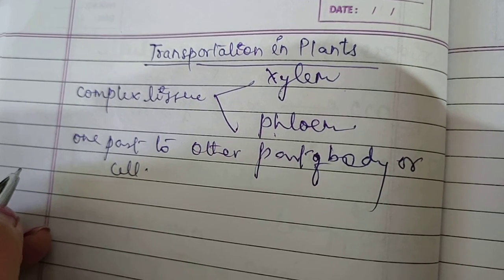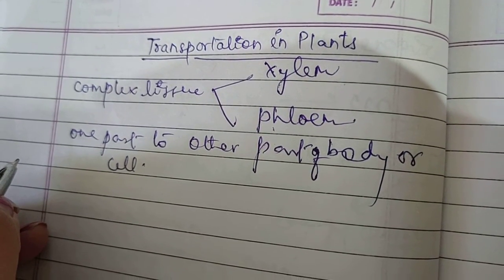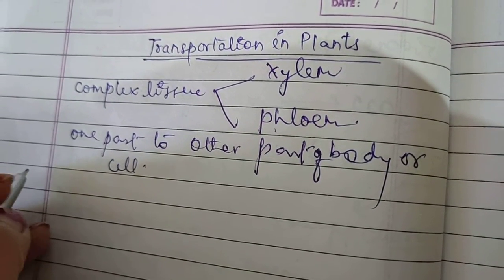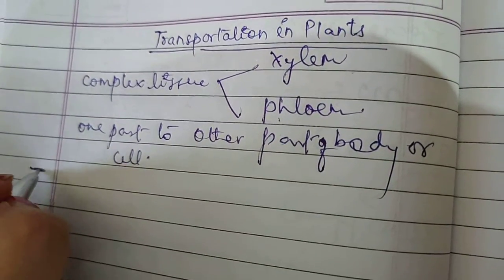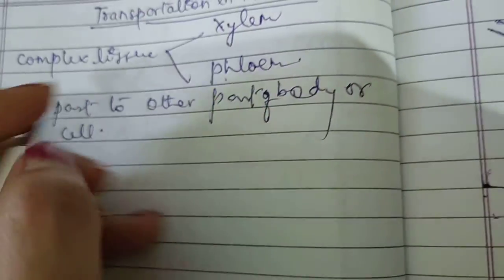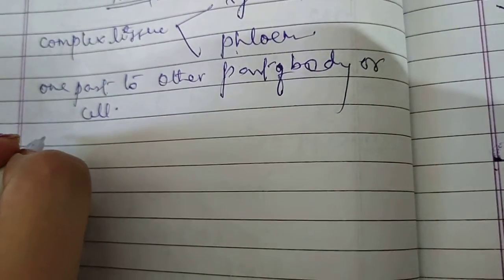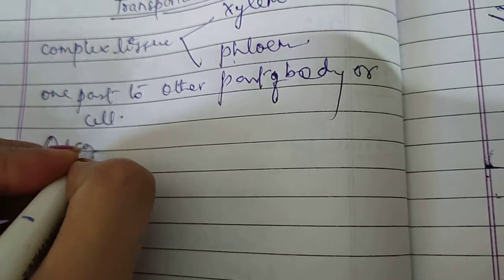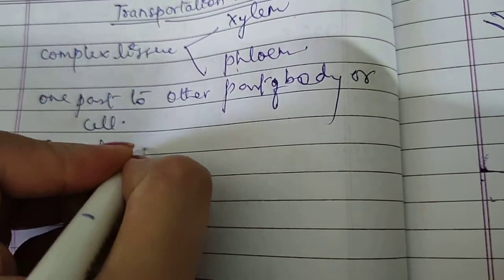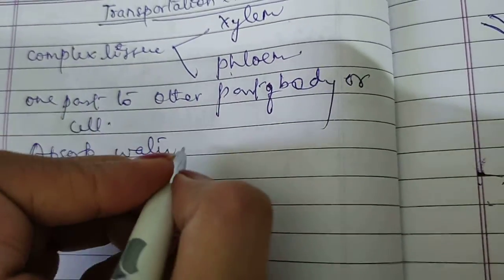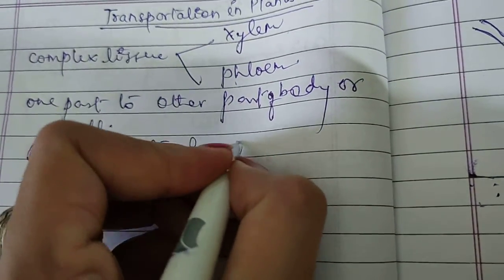The plants have two modes of transport system. First, to absorb water and minerals. As you know, plants need water and minerals to grow.